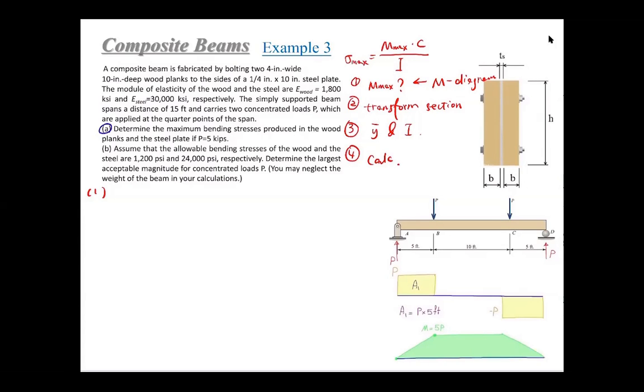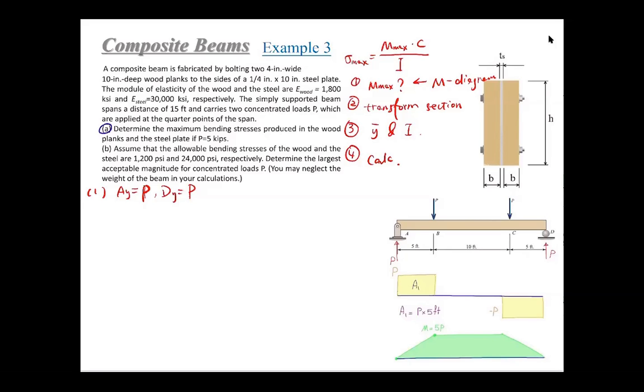We can determine that Ay equals P, Dy equals P. During this calculation, we just carry P as a variable, as an unknown, since we do not know P. Based on this, we can draw the V diagram as shown here: P between AB and negative P between CD and nothing on BC.